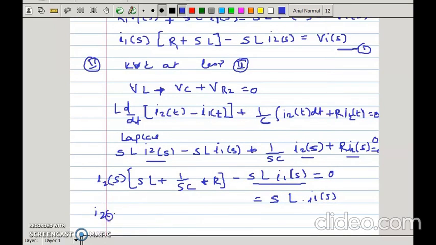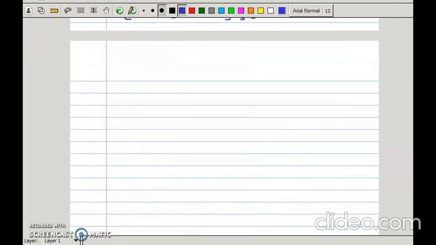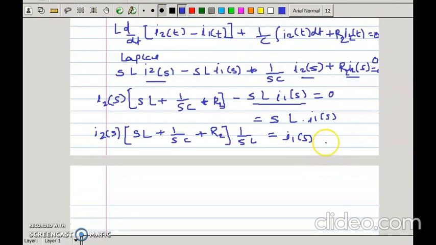So I2 of s as it is, and inside it becomes SL plus 1 upon SC plus R2, and the shifted factor is 1 upon SL, equal to I1 of s. So we get the value of I1 of s. This is equation number 2.